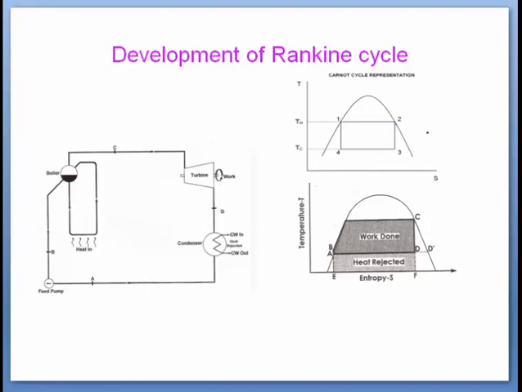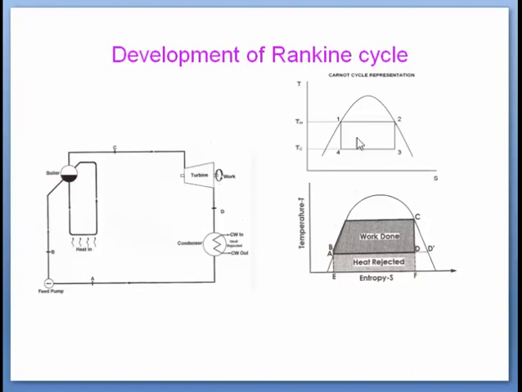So the area under this line on the TS diagram, this total area, shows the total heat addition, and the area under line 3-4 represents total heat rejection. So the net area shows the work done.